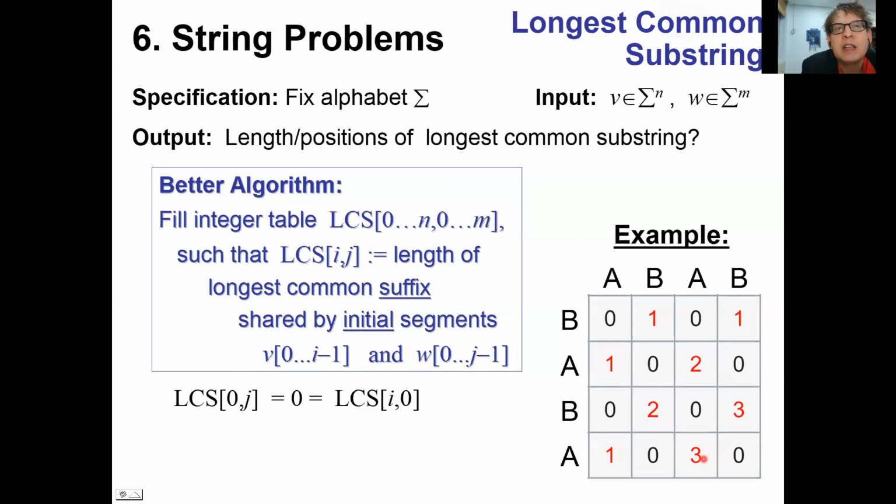Designing a dynamic programming algorithm is challenging. It requires creativity, and maybe two steps. The first step is to conceive what should be the meaning of the table. What information should be stored in the table?